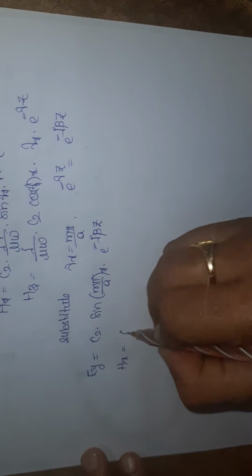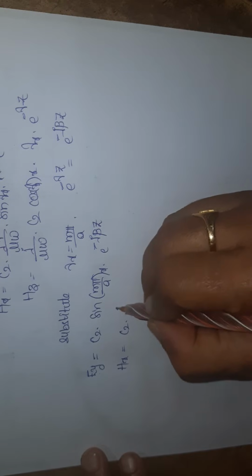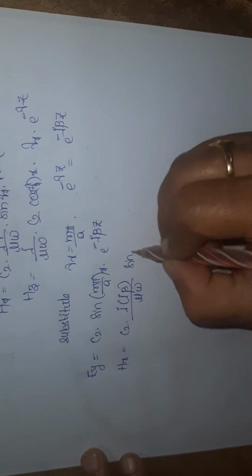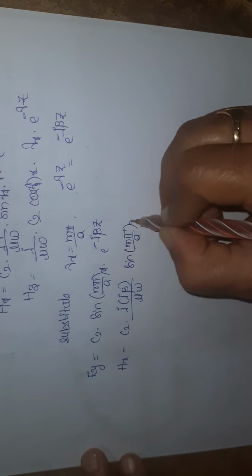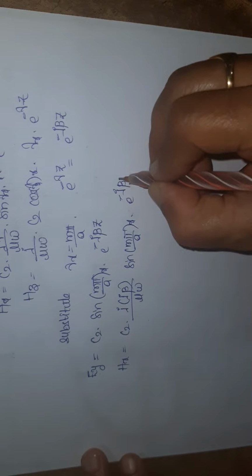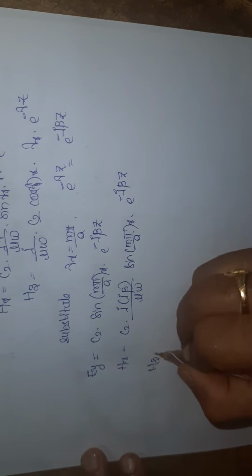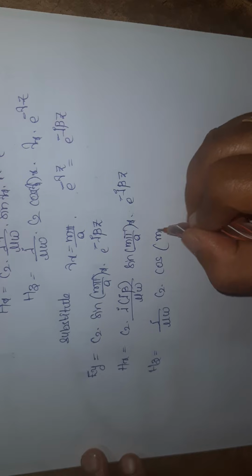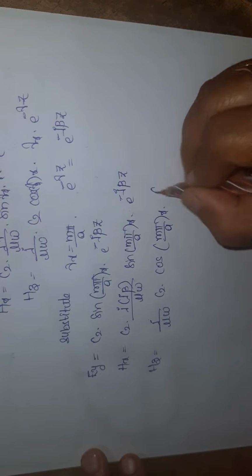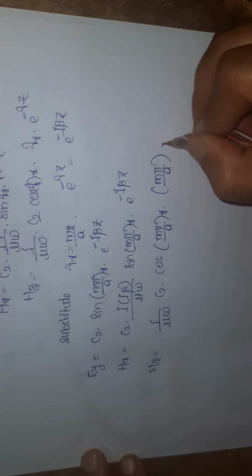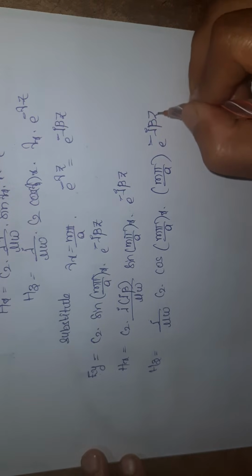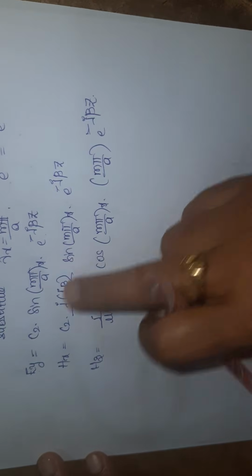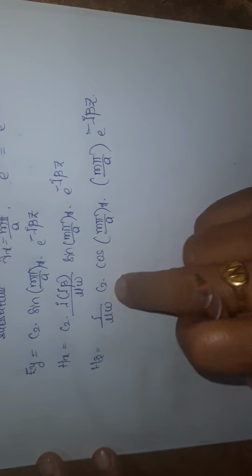Hx is equal to C2 j into j beta divided by mu omega sin(m pi by a x) into e power minus j beta z. Hz is equal to j by mu omega C2 cos(m pi by a x) into m pi by a into e power minus j beta z. So after substituting these, I get finally Ey, Hx, Hz for TE waves.